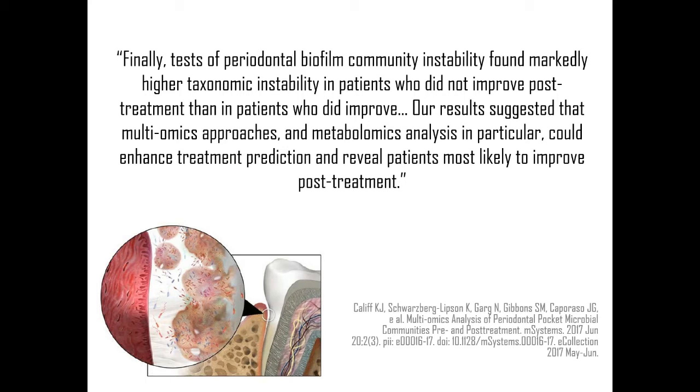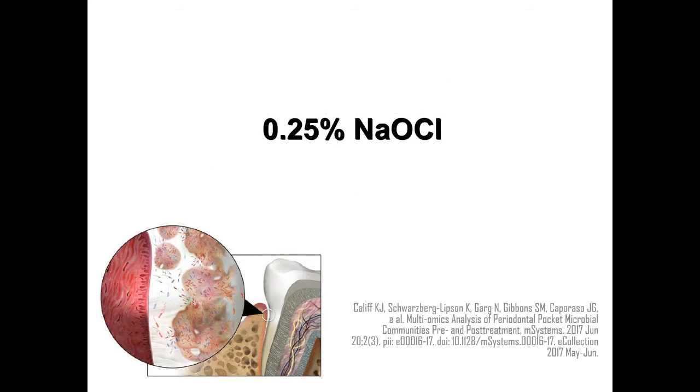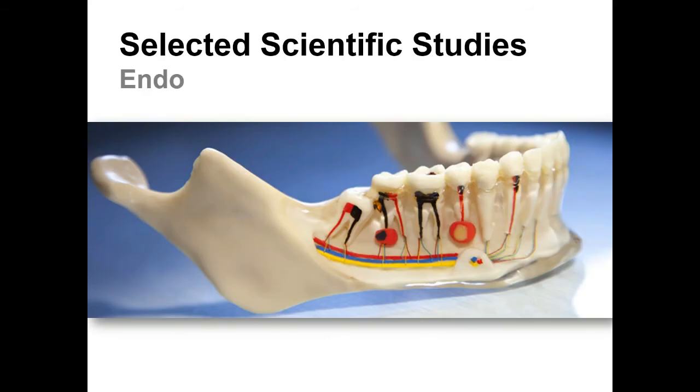So their point was, at some point in time, we need to look at maybe a multi-omics or a metabolomic analysis in particular to be able to predict which patients are going to respond to therapy better than others. But I thought that was kind of an interest. I'd not seen any data like this published before. But again, in this study, they were using 0.25% sodium hypochlorite along with other basic periodontal therapies.